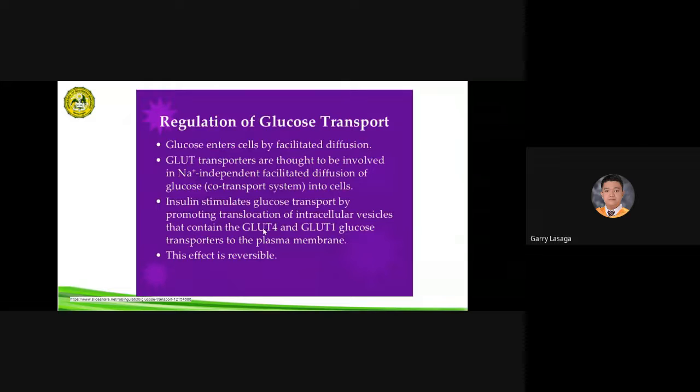For example, in the liver, we have a carrier protein known as GLUT4. In the presence of insulin, this molecule will open in order for the glucose to enter the cell.